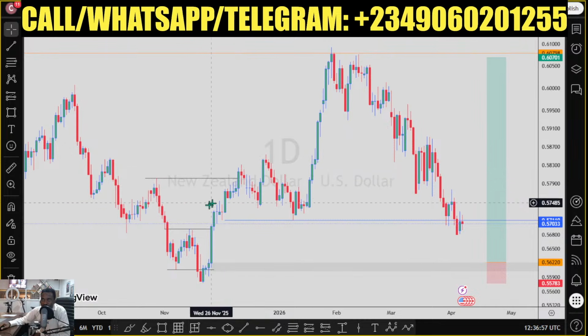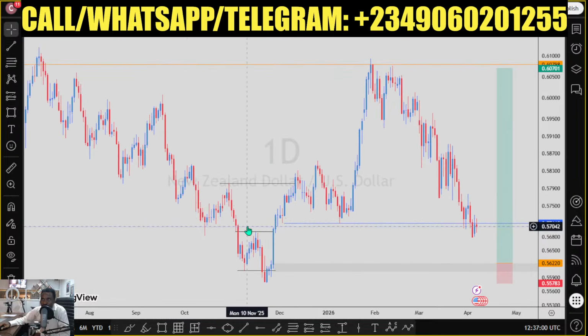When we take out two successive lower highs in a downtrend, that is when we have change of character. After the first break of a lower high, you still don't have a change of character. It's just a switch.